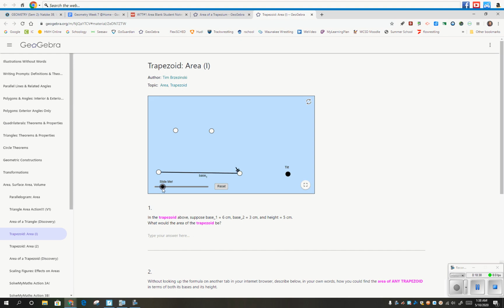So if I have a trapezoid and I create the midpoint here, and I thought this is kind of cool, if you take one side and connect it to the other side, I'm going to take that small triangle I created, and I'm going to flip it and rotate it around the midpoint of that side. And what did I just create? A triangle. Area of a triangle is 1/2 base times height.